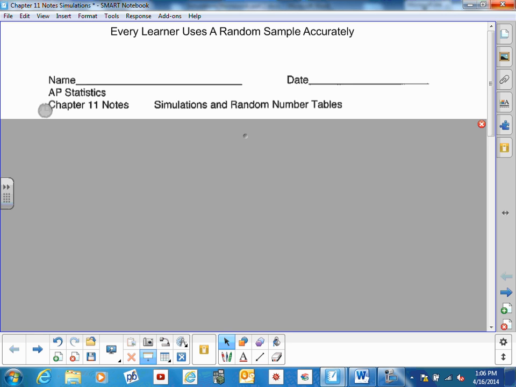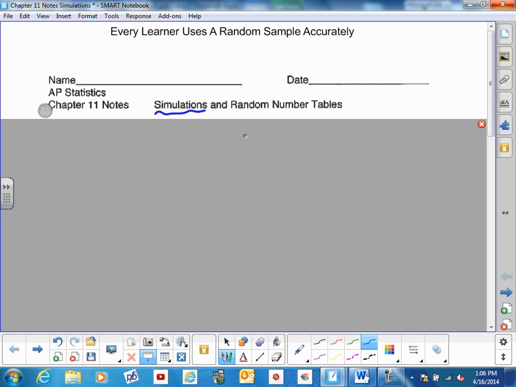A simulation has two goals it can do for you. One is you can use the information from it in describing how you would randomly select something.